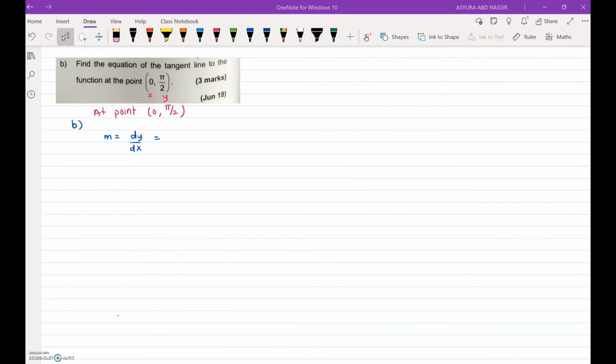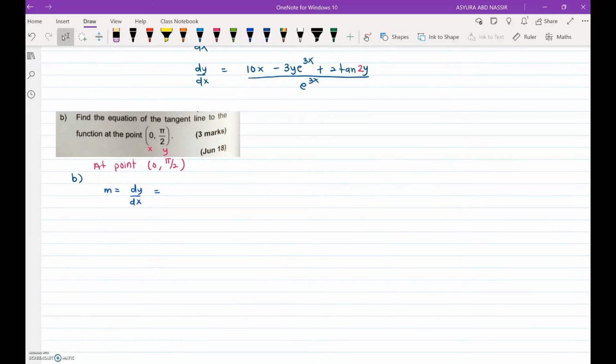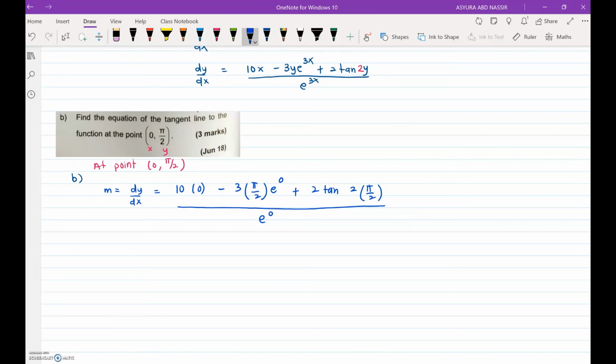Next, we want to find the equation of the tangent line to the function at the point (0, pi/2). Firstly, you need to find your gradient. So the gradient will be 10 times 0, minus 3 times pi/2 times e^0, plus 2 tangent of 2 times y, where y is pi/2, divided by e^0.